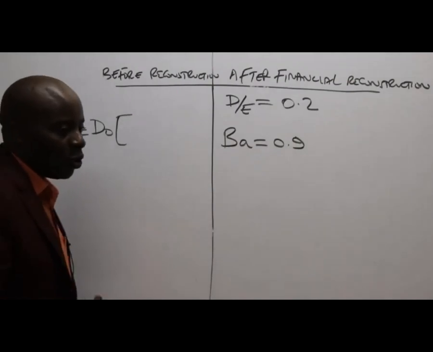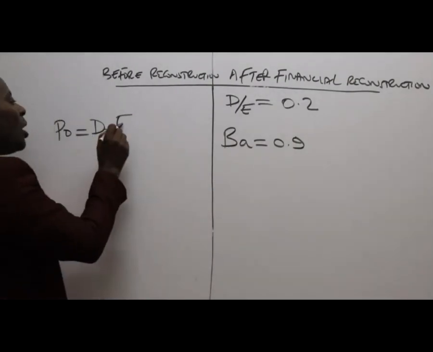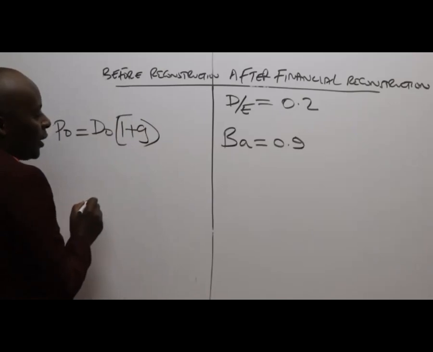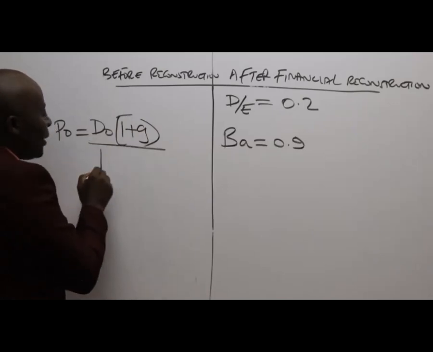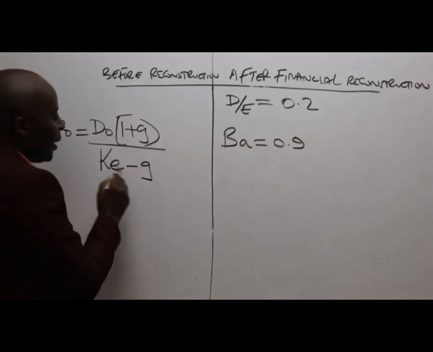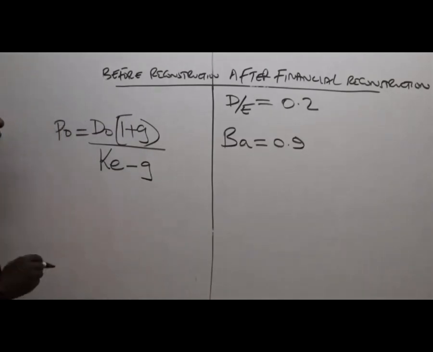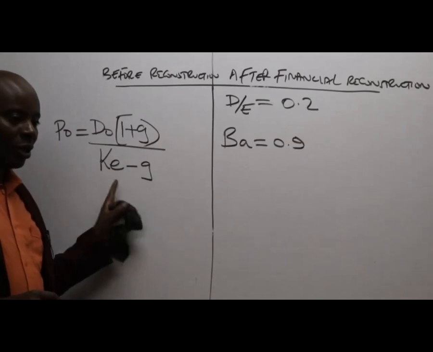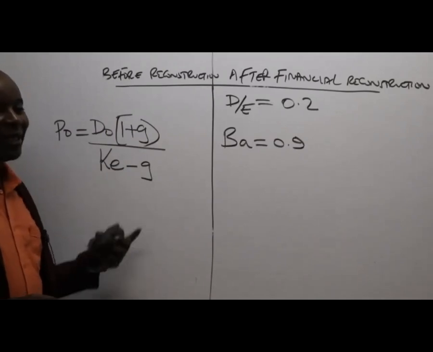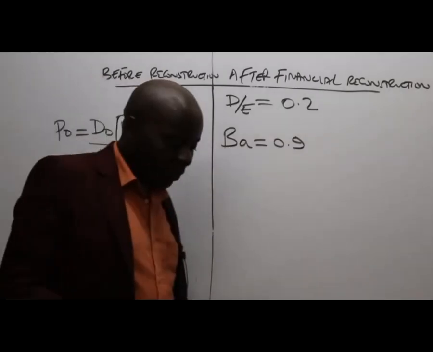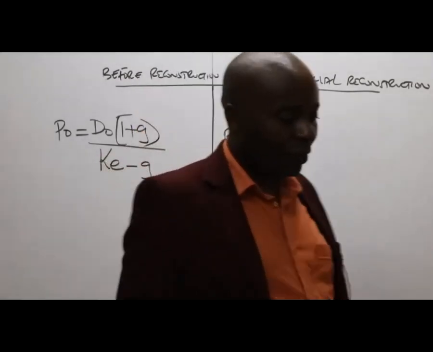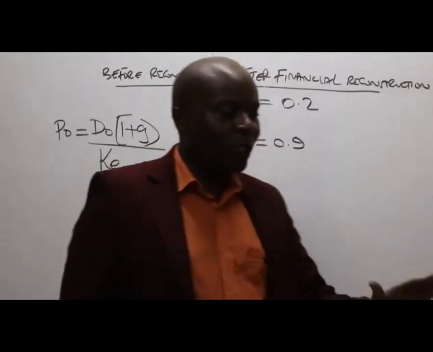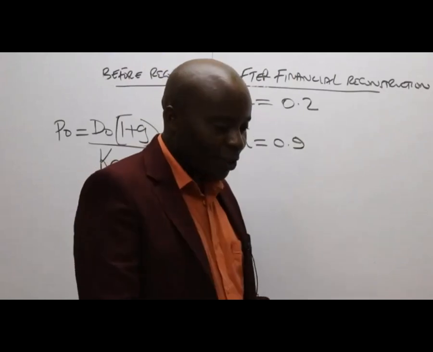So it's DO who grows. So DO into 1 plus growth rate, all over Kenya minus government. Kenya without a government. Ladies and gentlemen, please don't take this so seriously.